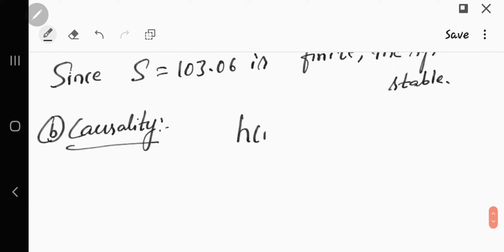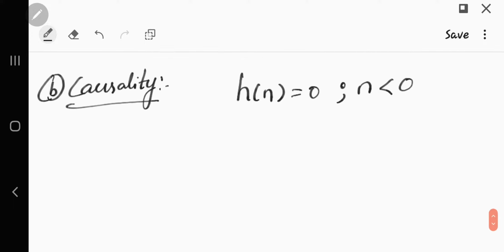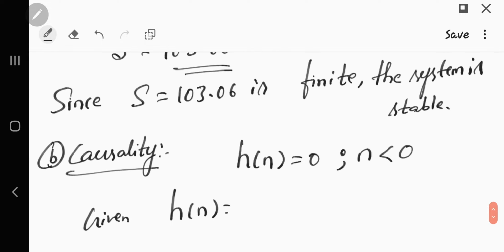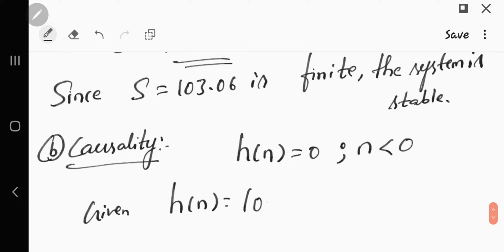Okay. So next is the causality property. The condition for causality is h of n should be 0 for n less than 0. So let's try it out. Given h of n is equal to, so what do we have as h of n? So we have 0.99 to the power of n u of n plus 3.